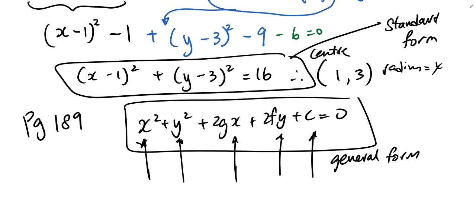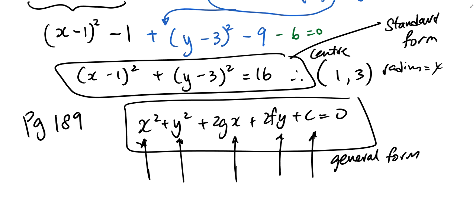Then you see, they write so strange, right? How come they write plus 2gx plus 2fy? Why not just call it g and f? There is a reason. Because sometimes, if I give you standard form, it is very easy for you to find radius and center. If I give you general form, Mr. Wong taught you to complete the square. There is a shortcut. It requires you to memorize. So instead of completing the square all the time, you can choose to memorize.